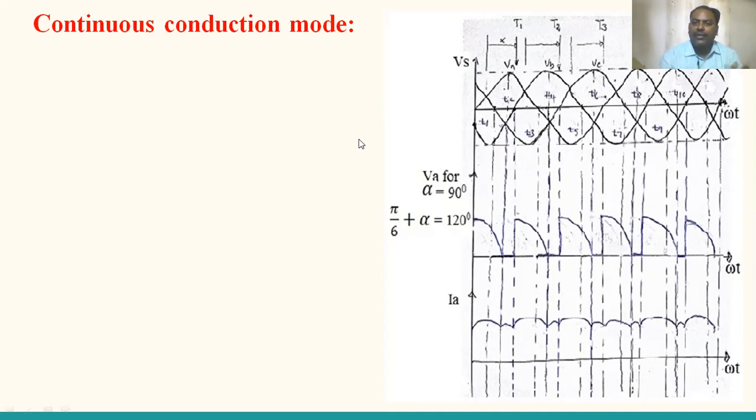So this is the way to operate the switches: T1, D3; next T2, D1; next T3, D2. Like that, this operation is continuously repeated. So the average output voltage for alpha equal to 90 degrees, and the corresponding current waveforms, are observed in this way.